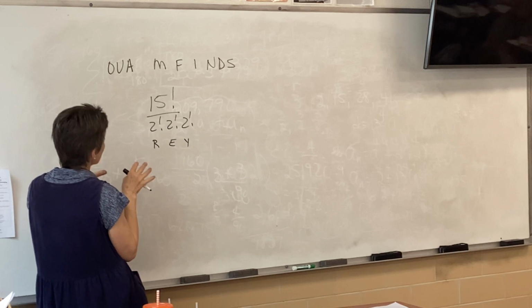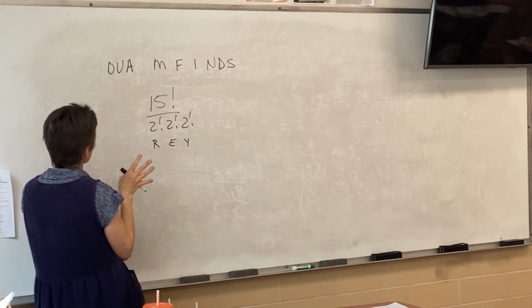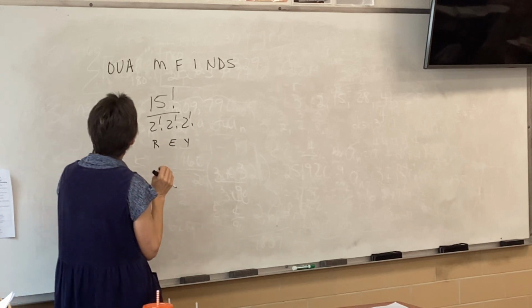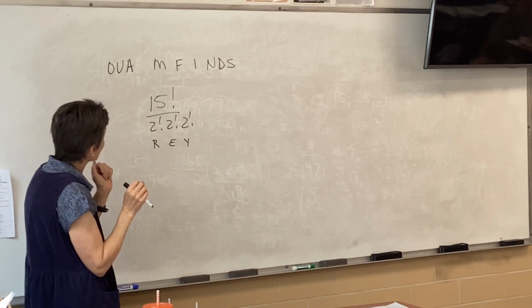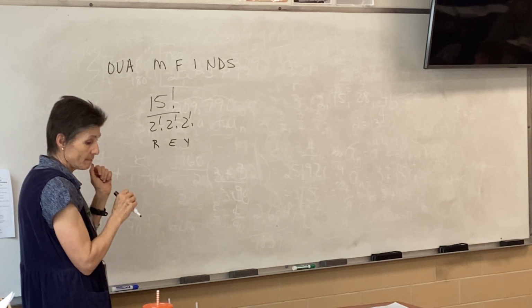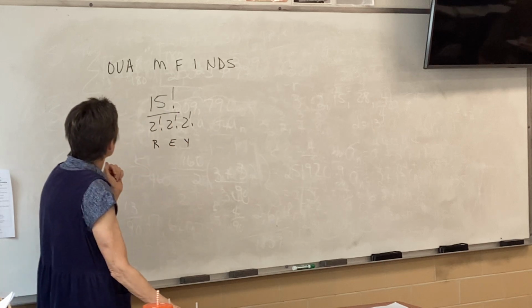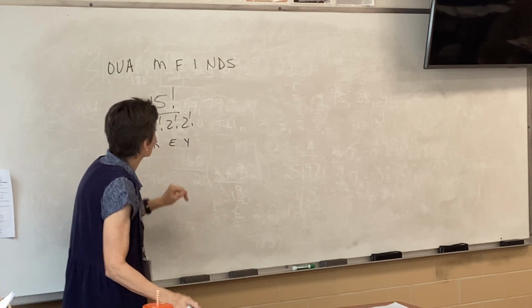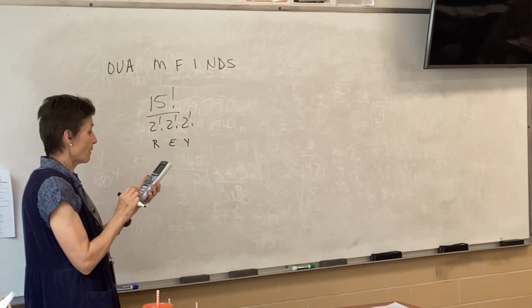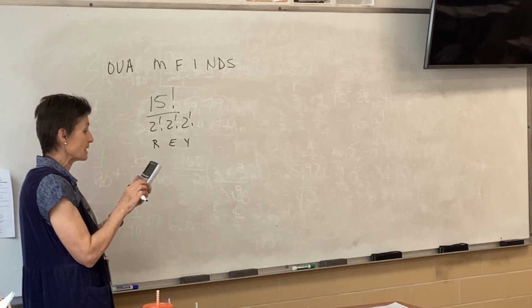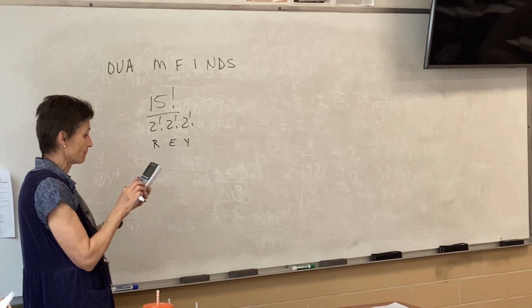If I had 3 of something, I would be dividing by 3 factorial, but so far I've only had 2. Did I get everything? Yeah. R, E, Y. All right, so I'm going to go to my calculator and type in 15 factorial.